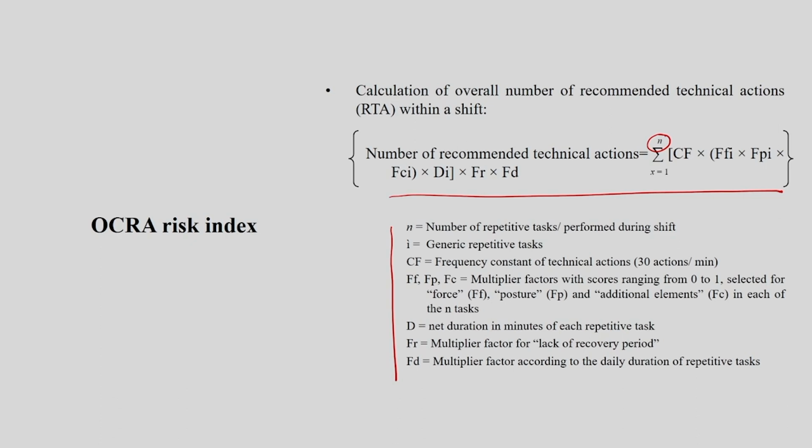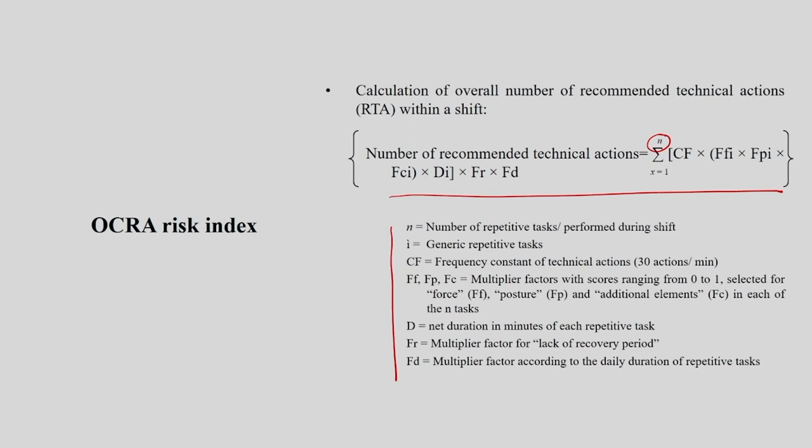Suppose you have n number of tasks, then you will get n number of FF, FP and FC values. D means the net duration in minutes of each repetitive task.